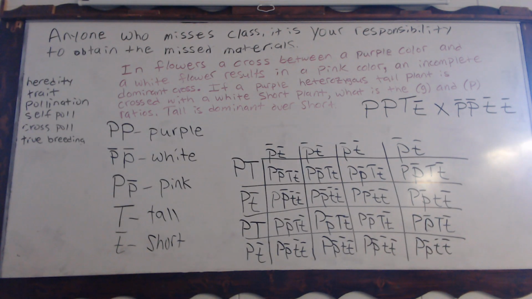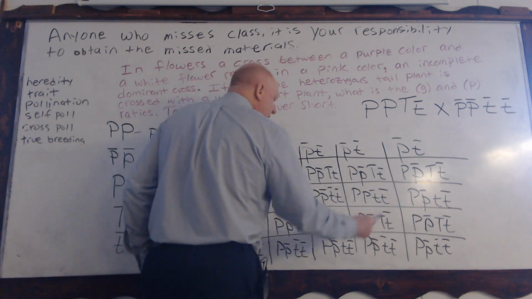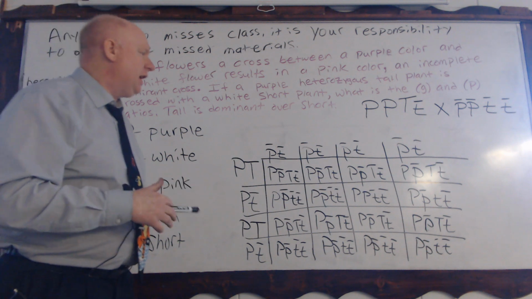So, what is the difference between a genotype and a phenotype? Phenotype is physical, genotype is genetics. The genotype is what you actually see inside of each and every one of these combinations. Sometimes the problem with this is it all looks the same.